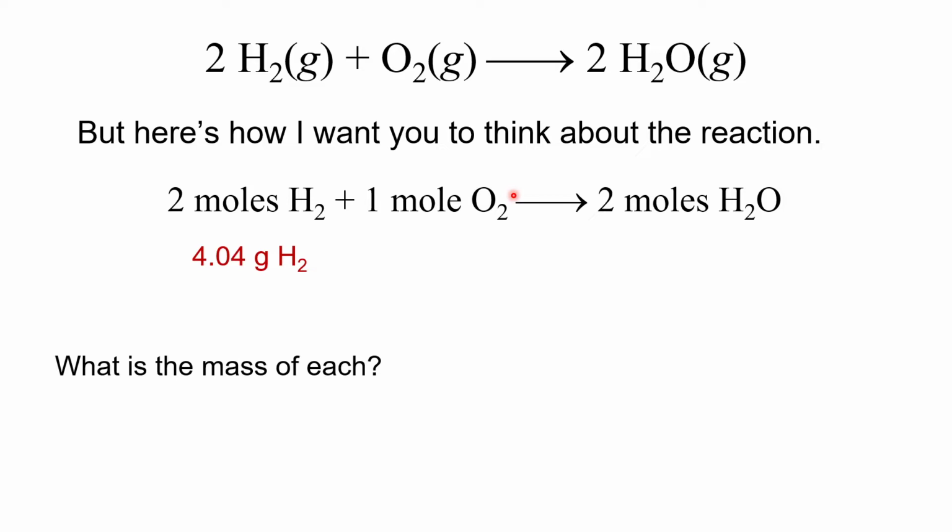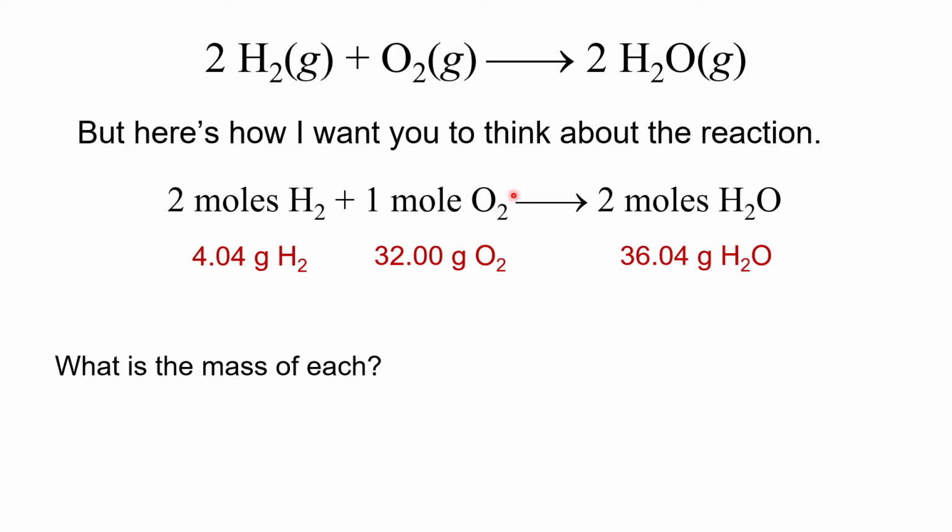For oxygen, well, oxygen has an atomic mass of 16. 16 times 2 gives us 32, so 32.00 grams of oxygen. For water, 2 moles of H2O, H2O is 18.02 grams per mole, so that would be 2 times that number, 36.04. So that's one way that we could think about this.